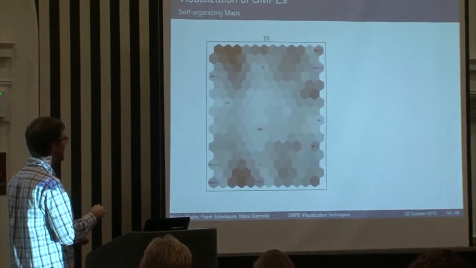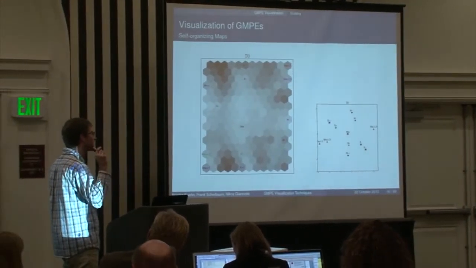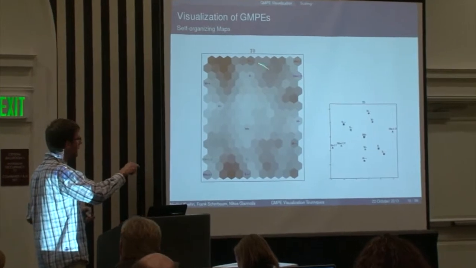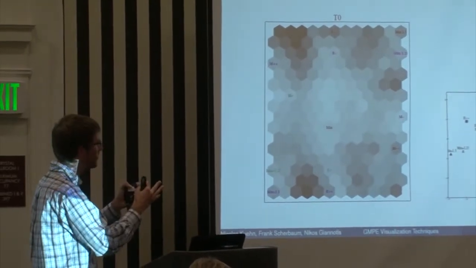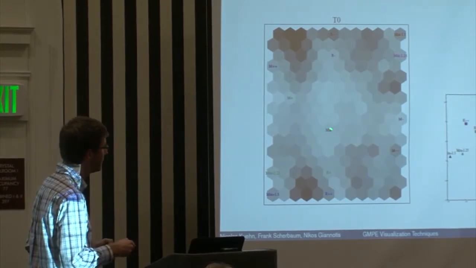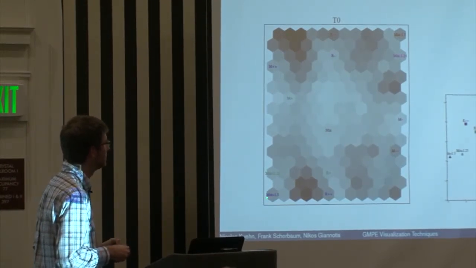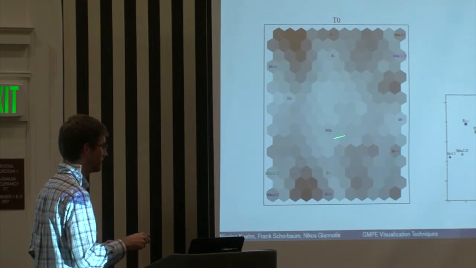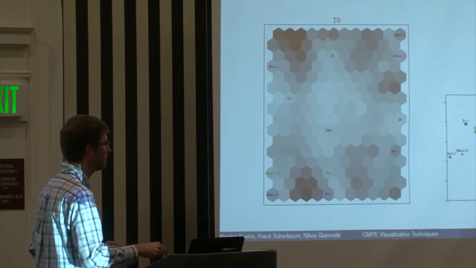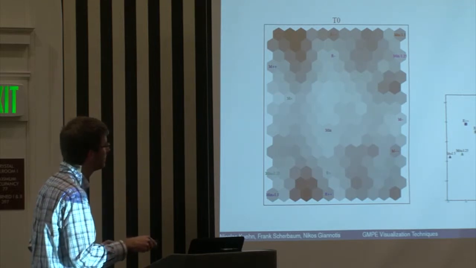Last one. What I tried to do, so this is called the U matrix, which is the nonlinear representation. I tried to come up with a map of this by calculating the shortest distance between all the models in this case, and then plotting that again on a map, which looks like this.